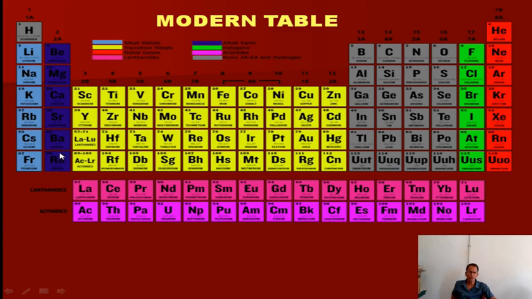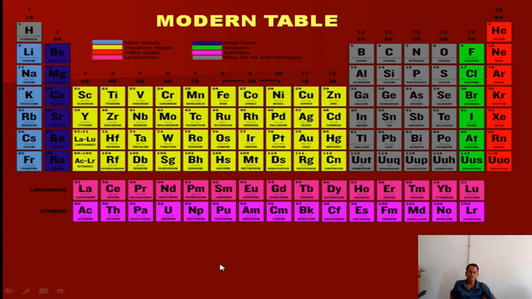Here the table has different colors indicating different groups of elements. We will discuss one by one. This modern periodic table consists of 7 periods, 1, 2, 3, 4, 5, 6, 7 periods, and these vertical columns are called groups. How many groups? 18 groups, 1 to 18, and 7 periods.